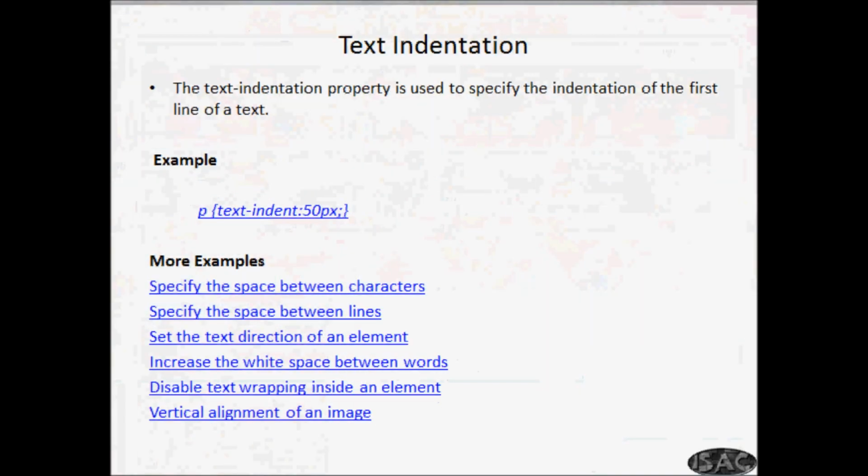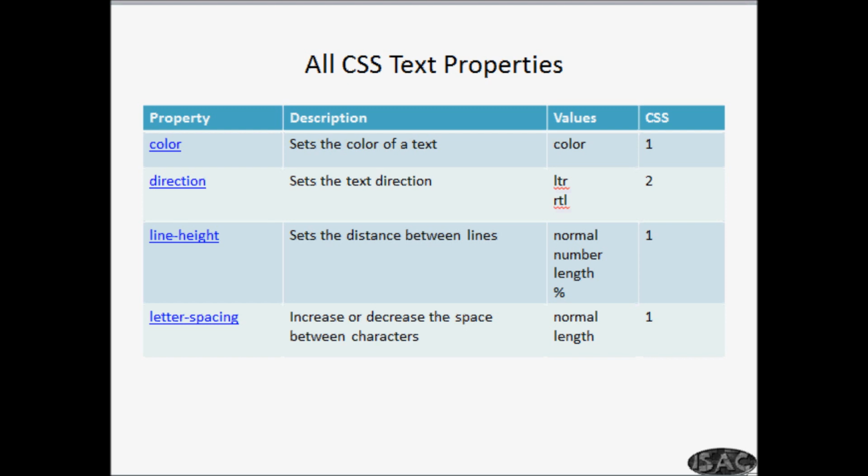So we understood all this stuff here. Color, we can say color. In direction we can say LTR or RTL, meaning left to right or right to left. By default it is left to right. Line height you can give as a percentage or normal. You can pass some number.